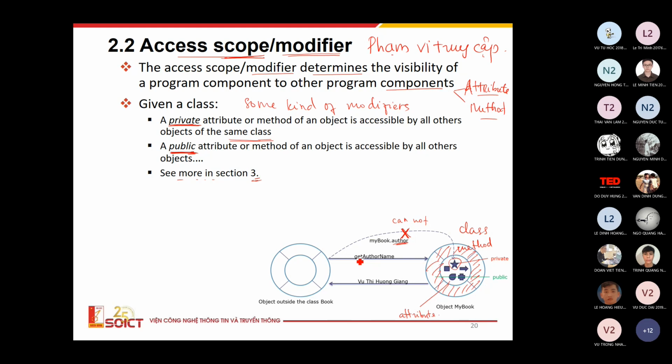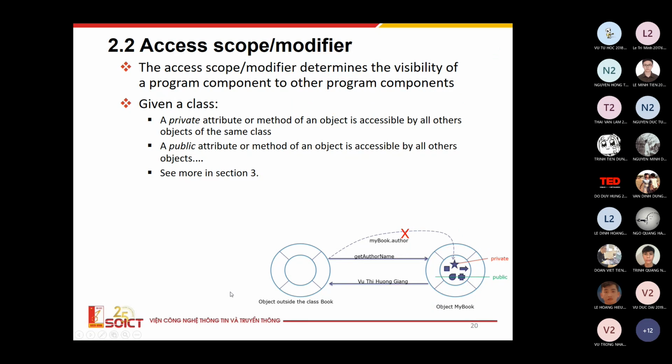Yeah, for example, you have one method named get author name. This get author name is in the public modifier, so you can use this method to get the name of this book. So remember that only the public method can access the private attribute, okay? Because this is in the same class, okay?